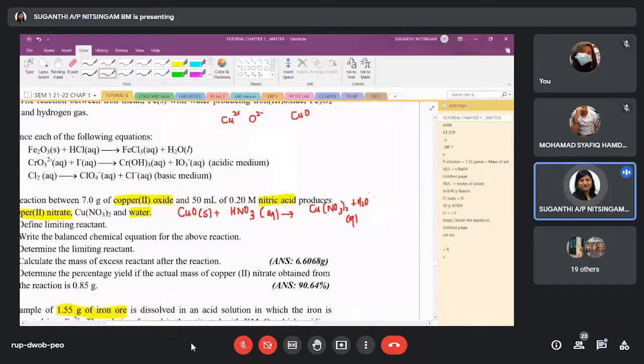So nak balancekan equation, copper is balanced, nitrogen ni ada 2, so letak 2 sini. And this is the balanced equation.